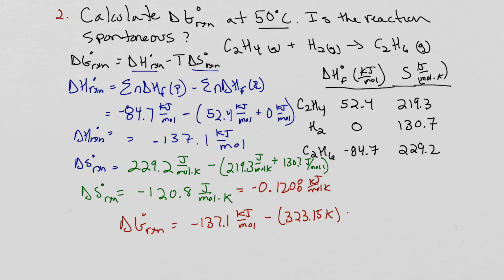So if I take my delta H minus my T delta S value, I'm going to get my delta G of reaction equal to a negative 98.1 kilojoules per mole.